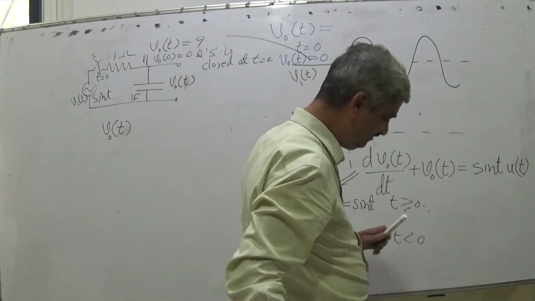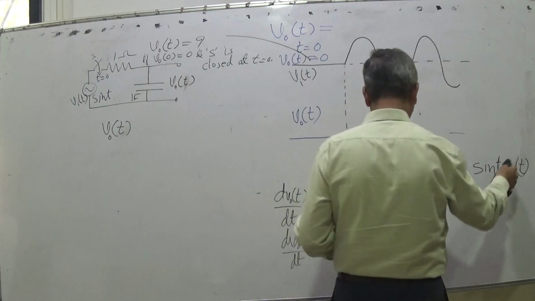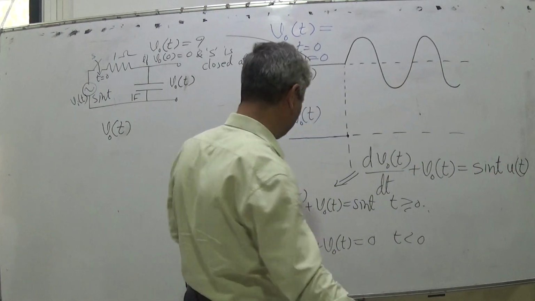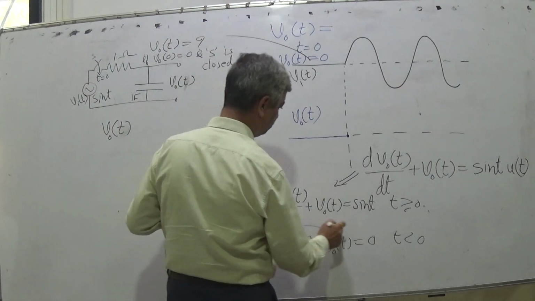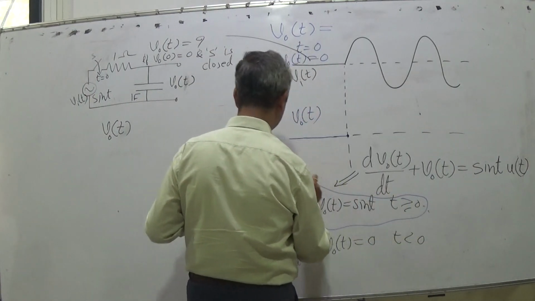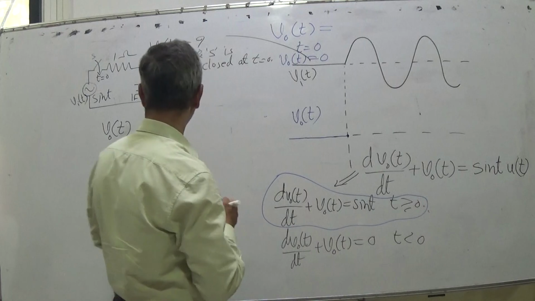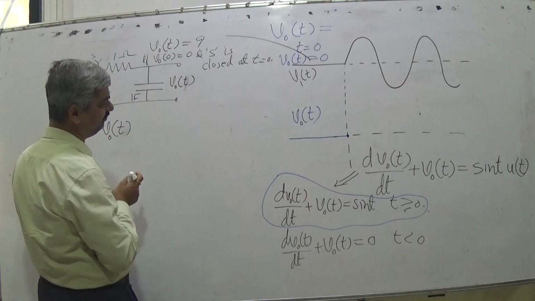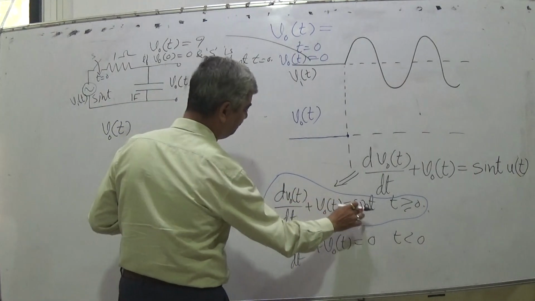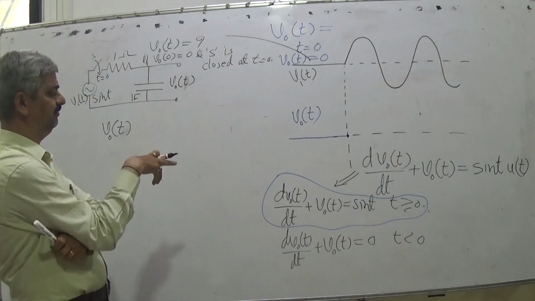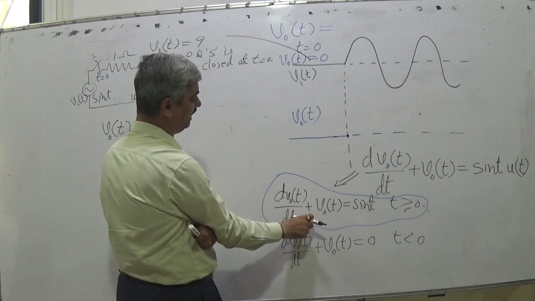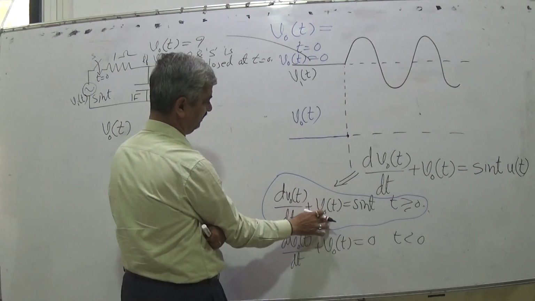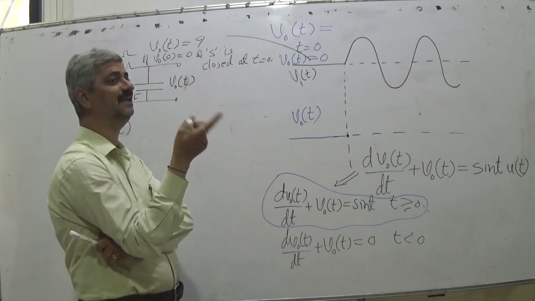You don't work off the u(t), you work for this first, which is sin t. The addition is of the differential of voltage and that voltage itself, and that is sine.